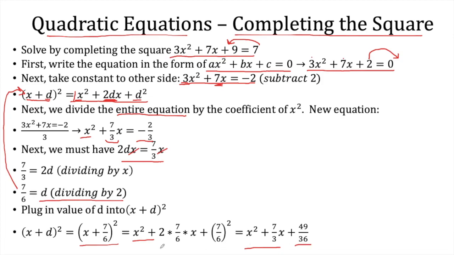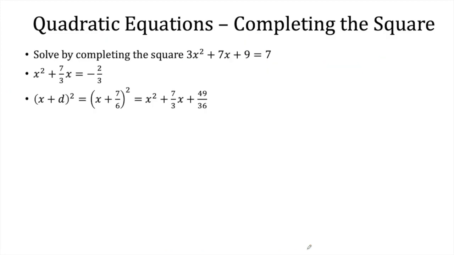So if you were to do these calculations, you would get this final equation. And now we have our binomial that was to be squared, and that was x plus 7 by 6 the whole squared, which gave us this expression. And our original equation was x squared plus 7 by 3x is equal to negative 2 by 3.